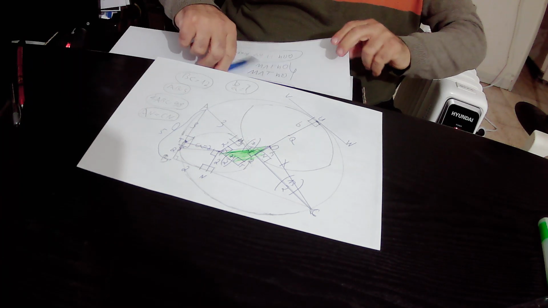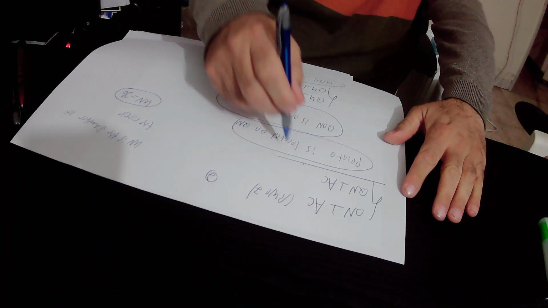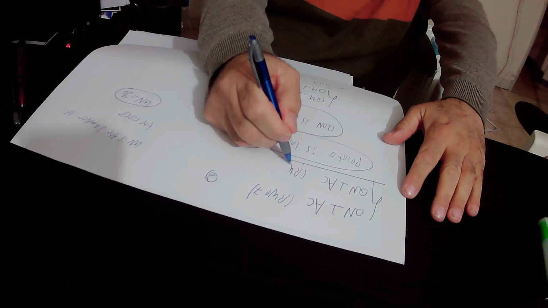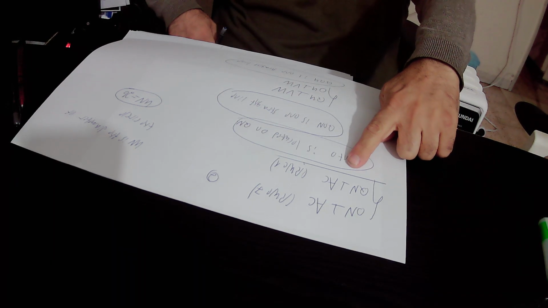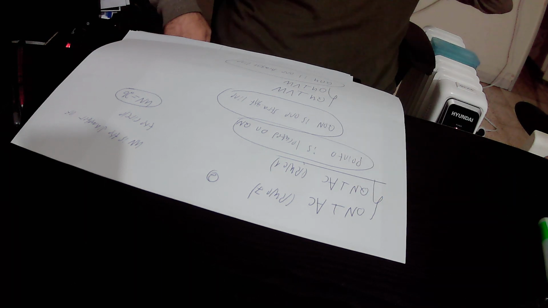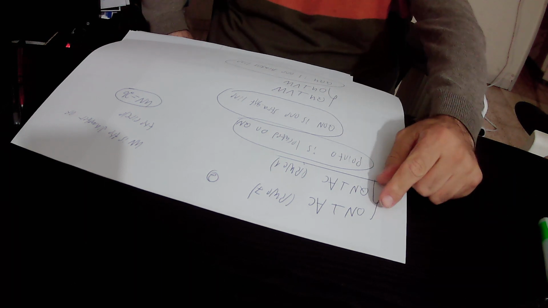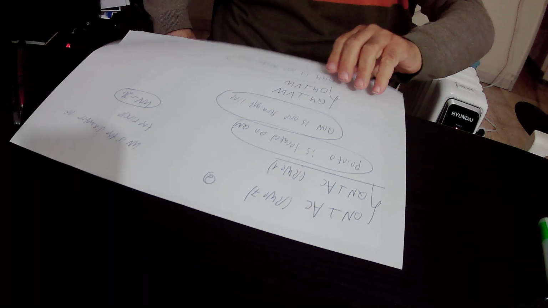This is actually according to rule number 1. According to rule number 1, QN is perpendicular to AC, and according to rule number 7, ON is also perpendicular to AC. From those two facts, we derive that point O must be located on QN.